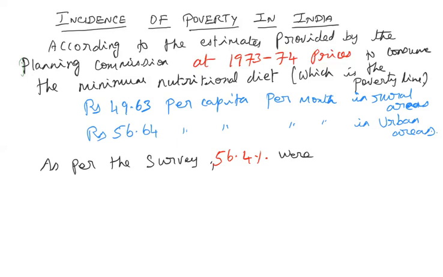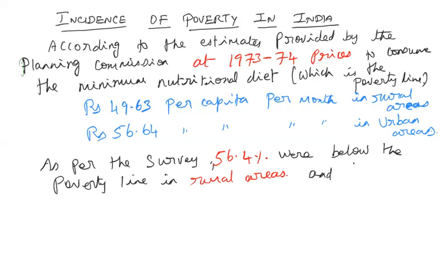So 56.4% were below the poverty line in rural areas. And nearly 49% in the urban areas were not able to spend 56 rupees 64 paise. So 49% were below the poverty line in urban areas.